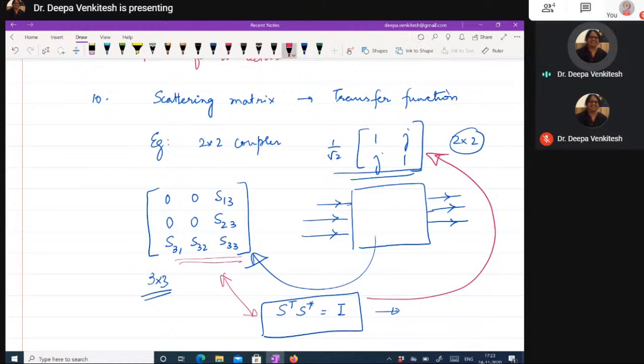You cannot produce more energy than what you sent in. Hence, whenever you are developing a device, you have to check whether it satisfies this condition for unitary transformation. Okay, so that is about that question.